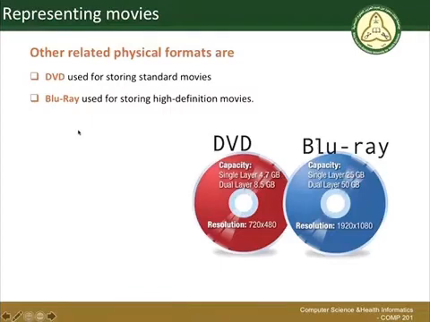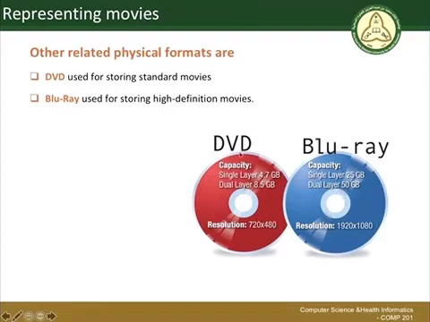Also, movies are stored in physical formats like the DVD and Blu-ray. DVDs are usually used to store a standard movie, and the standard movie has a resolution of 720 by 480.